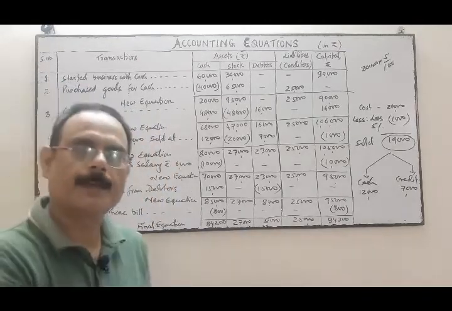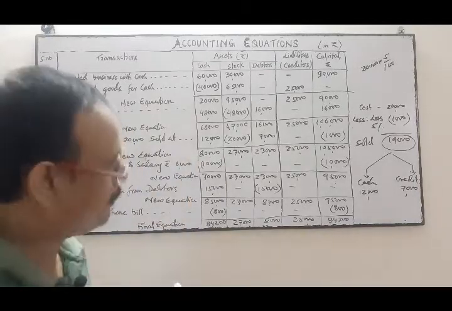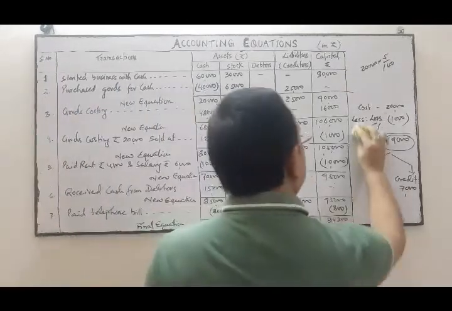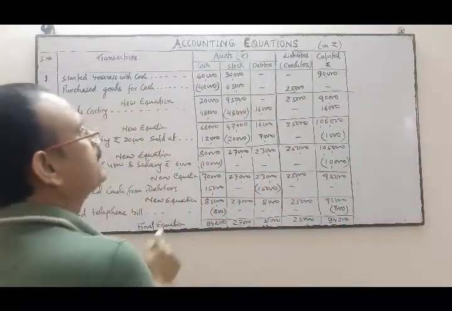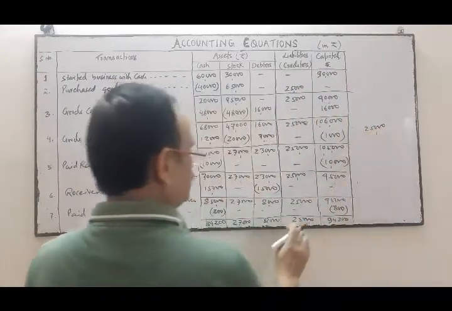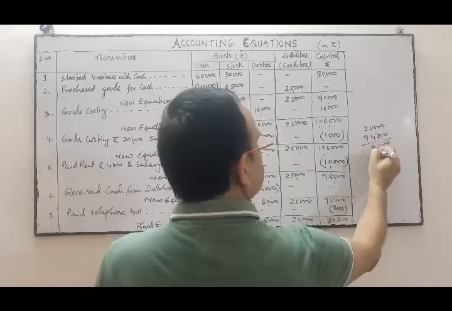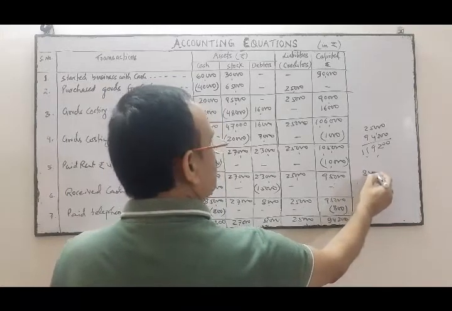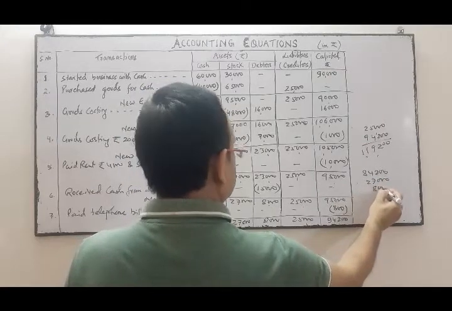In this question we have to prepare the balance sheet as well. So next we will prepare the balance sheet. Is it clear? Now we can verify the totals. On this side, creditors means liability, and capital, the final figure, is 94,200, with creditors at 25. The total is 1,19,200. On this side, 84,200 is cash, 27,000 is your stock, and 8,000 is your debtors.